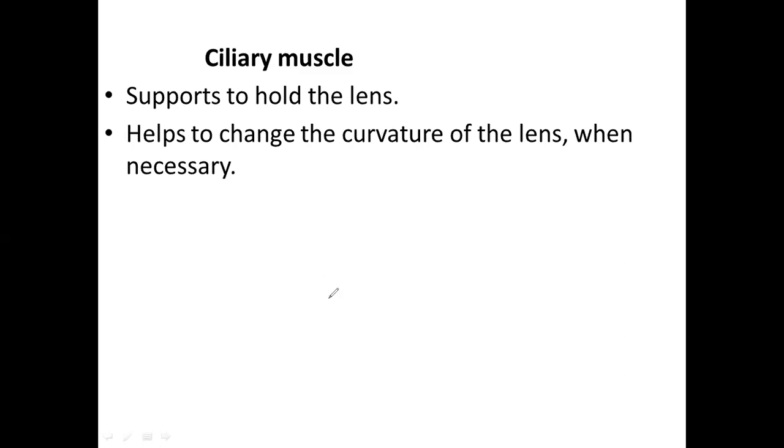Now if you want to see a short distance, the lens is like this. The lens is stretched, so the curvature is low. This lens curvature is high. When we look at nearby objects the curvature is like this. When looking far away, the curvature becomes different. Who changes this curvature? This ciliary muscle.